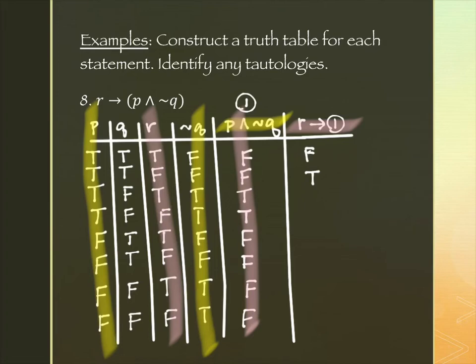The third row is true, true. That's true. The fourth row is false, true. That's true. The fifth row, where I am, is true, false. That's false. Good.